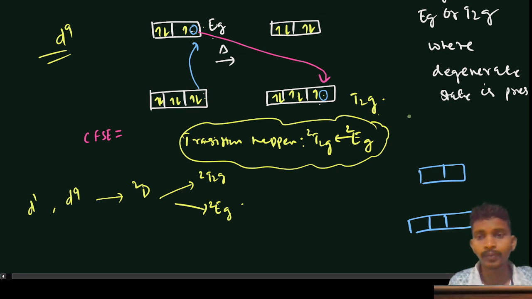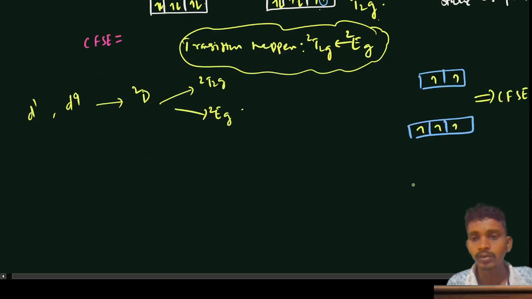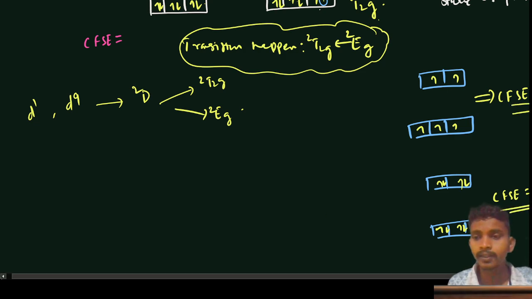Whenever this type is there, 1, 2, 3, 4 and 5, for this case CFSE is always 0. So if more than one electron has gone and this type of transfer, CFSE is 0. Now also whenever it is like this, here also CFSE is 0. So for both cases CFSE is 0.